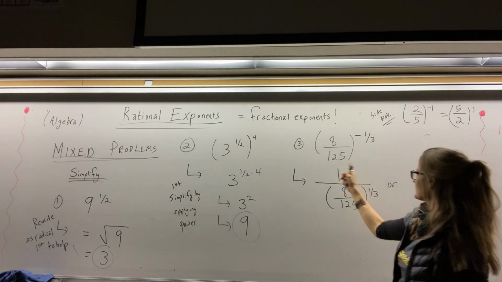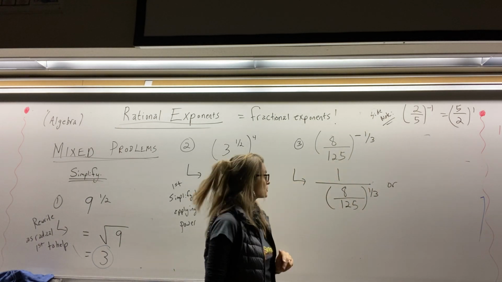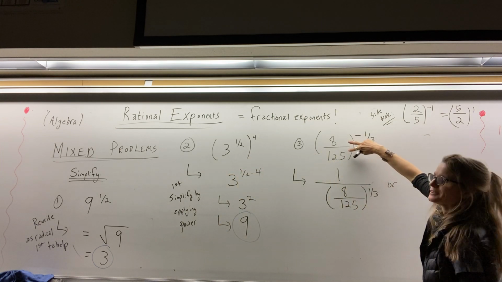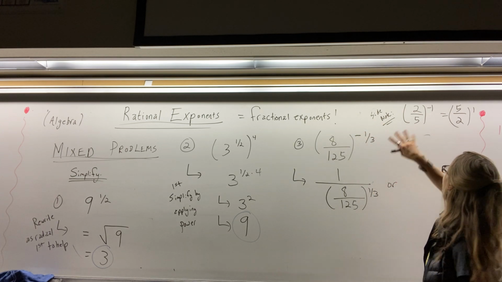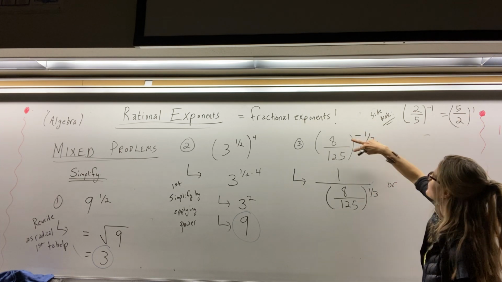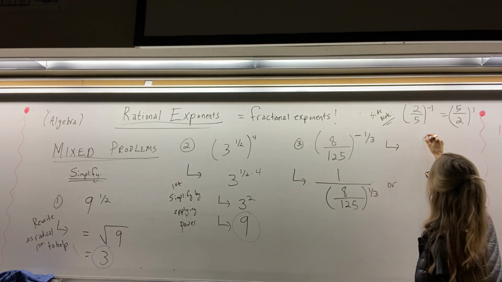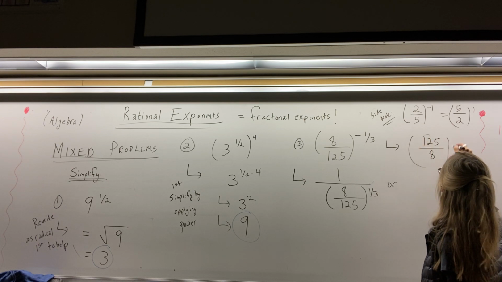So instead of ending up with a complex fraction, which I could work out and get the same equivalent answer, I'm going to take a little easier shortcut route by understanding my reciprocal properties, and saying that this is the same thing as 125 over 8 to the positive 1/3 power.